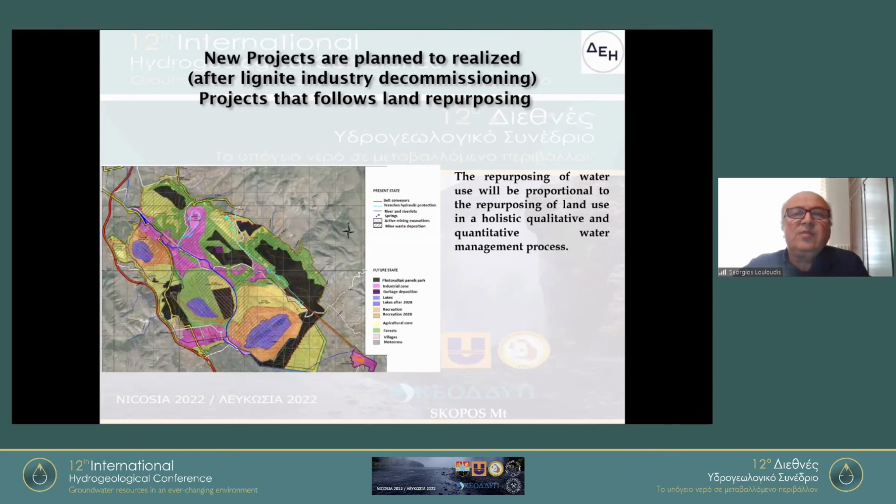New projects are planned to be realized after lignite industry decommissioning that follow land repurposing. In future states, there will be photovoltaic parks, industrial zones, garbage depositions, lakes, recreation parks, and forests in the area of exhausted mines.